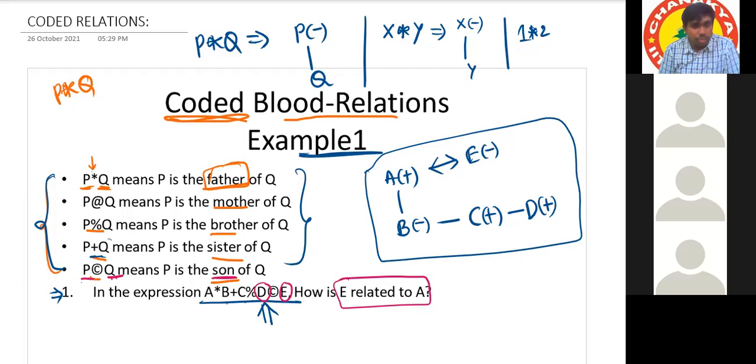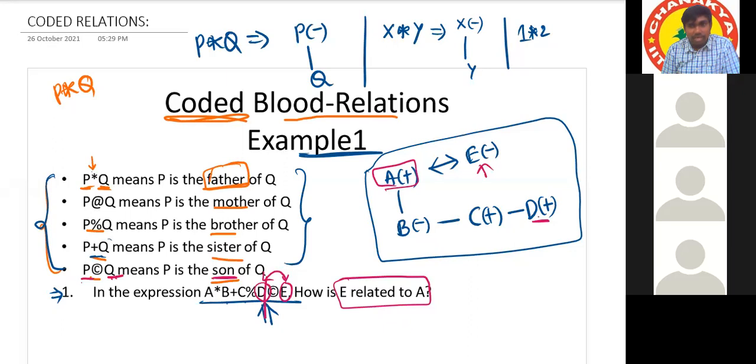P is the son of Q. Q can be the father or mother of P. Either, but that is not required now. D is the son of E, which means E can be the father or mother, but D is already the son of A, who is male, so E compulsorily should be female.